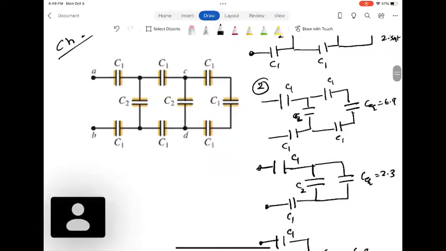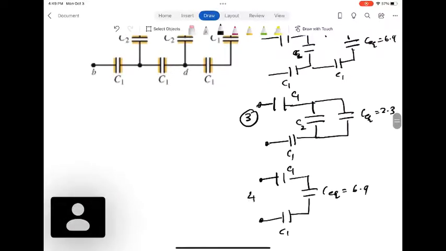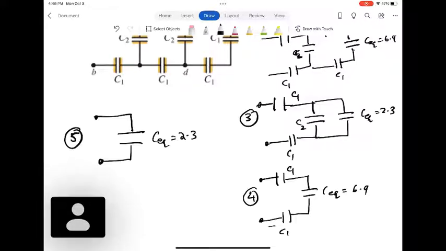All right, so let this be our diagram 3, this is our diagram 4, and then finally we can simplify diagram 4 to make the circuit as simple as it will get. So three C1s, three 6.9s connected in series. So that's a 2.3, as we've seen before. C equivalent equals 2.3. So this is diagram 5, and this is the simplest we can make the circuit, right?